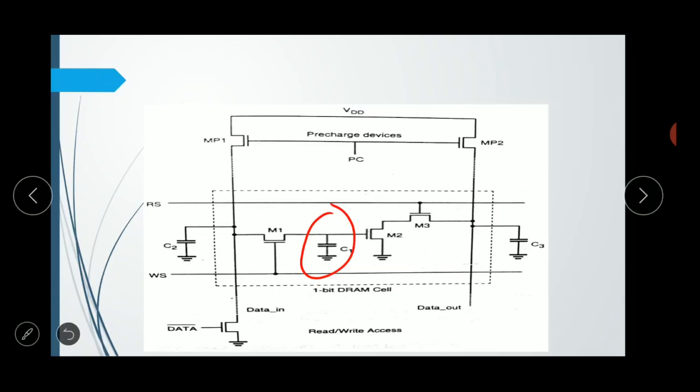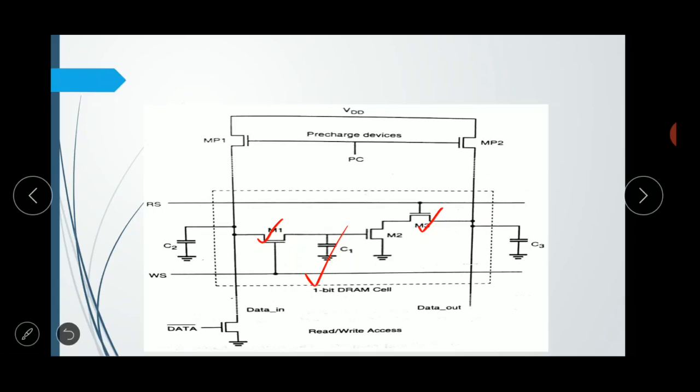Then the storage transistor M2 is turned on or off depending on the charge stored in C1. And M1 and M3 act as access switch for data read and data write operation.